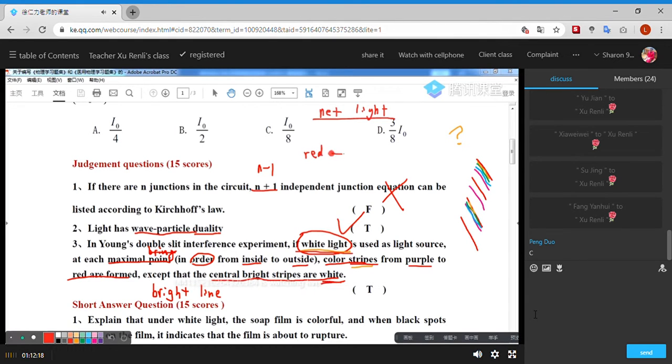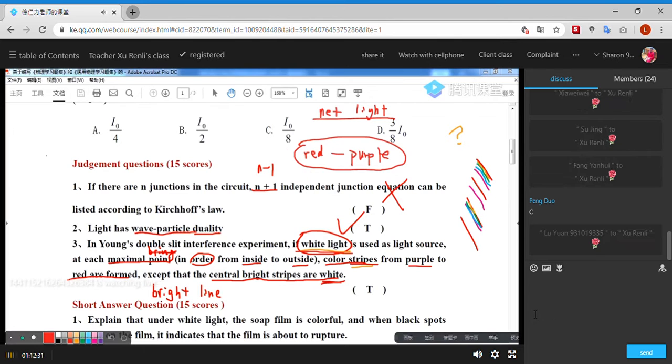White light has many frequencies from red to purple. Different frequencies have different wavelengths, because the wavelength equals the speed times the period, which equals the speed divided by the frequency.